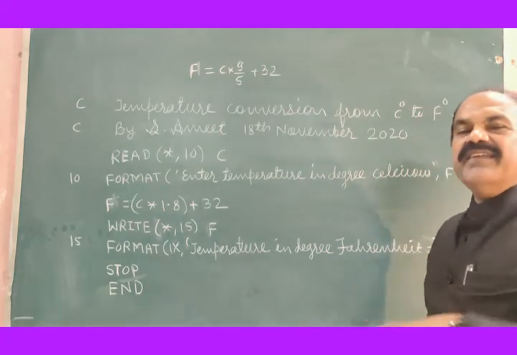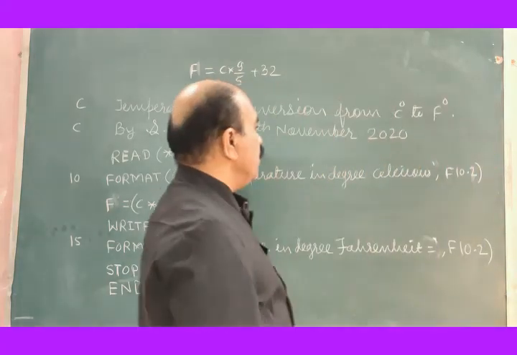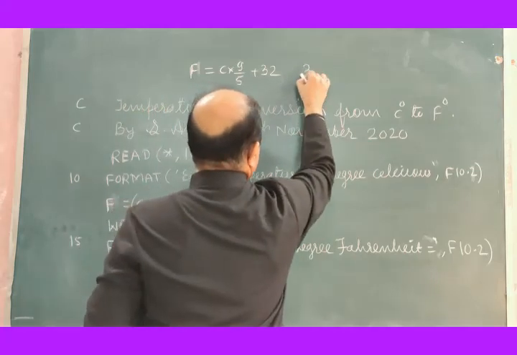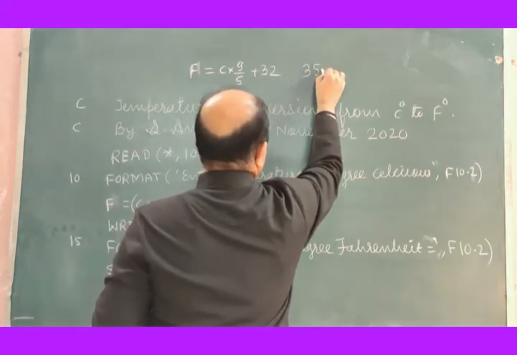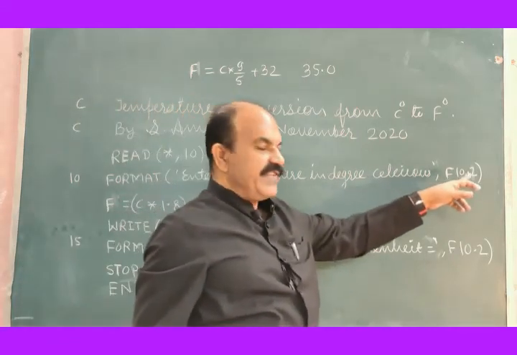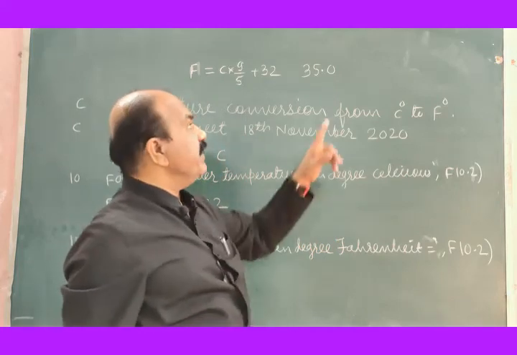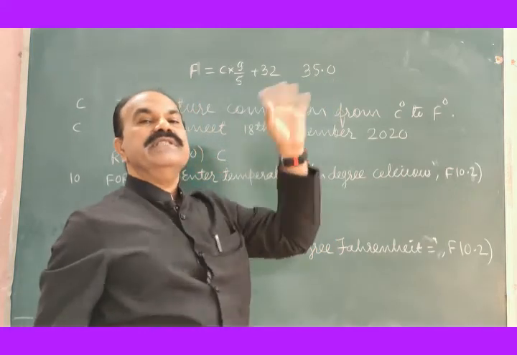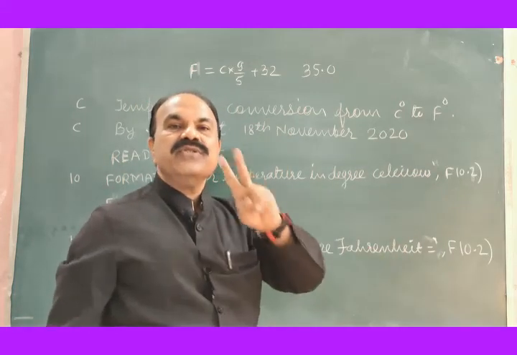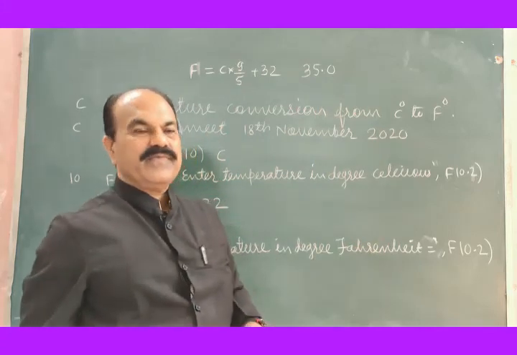Now you can provide any value for C. Let us suppose that the value you provided to C is 35.0 degree Celsius. F10.2, maximum width allowed 10. Here 1, 2, 3, 4 is also allowed. Decimal part, maximum decimal part allowed 2 digits, 1 digit is allowed. Okay.